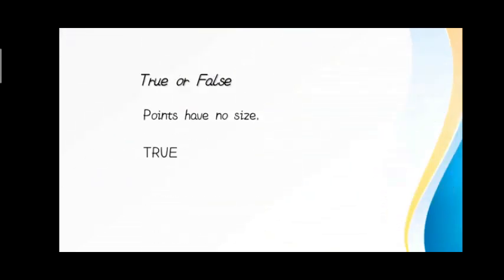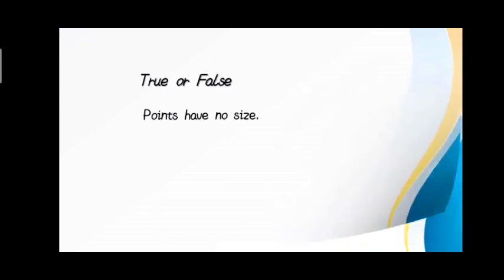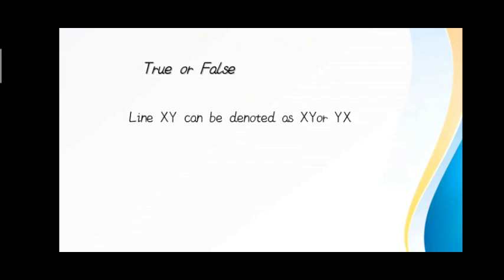Next we have, points have no size. Yes, this is very simple. This is true. Points have no size. Next we have, line XY can be denoted as line XY or line YX. Yes, this is also true. We can name a line either in alphabetical order or in a jumbled order, but we have to remember that we use capital letters for points, and that should be only 2 points.